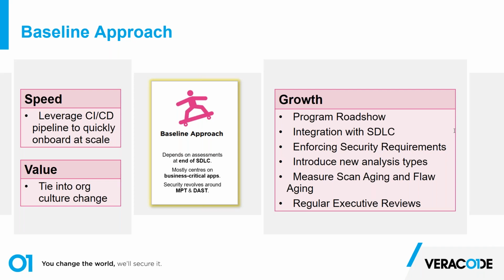A lot of times here, to be successful, you need to start thinking about the culture. Think of it as turning a ship. It's large, it's slow, but once you get it going, there's a lot of momentum behind it. You want to start moving away from the end of the software development lifecycle and integrating earlier into it.